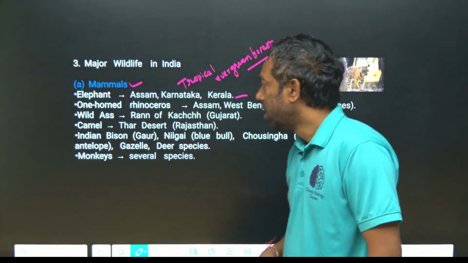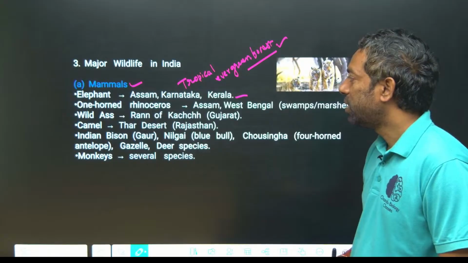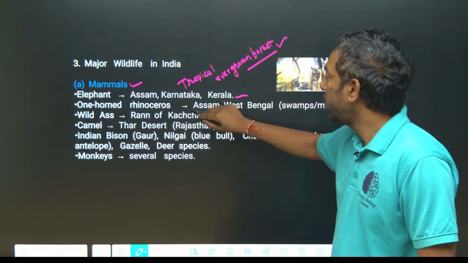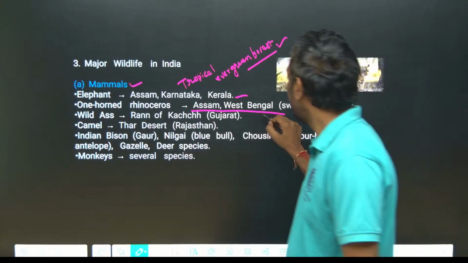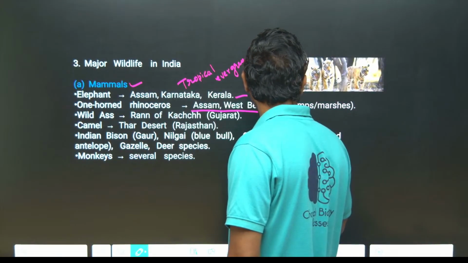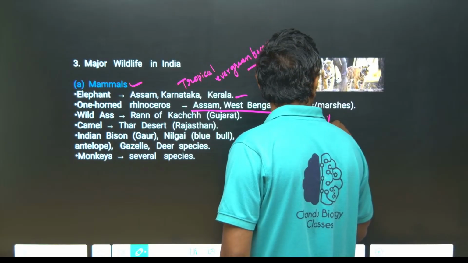So elephants are mostly in Assam, Kerala, Karnataka. One-horned rhinos are mainly in Assam and West Bengal, in Kaziranga National Park.